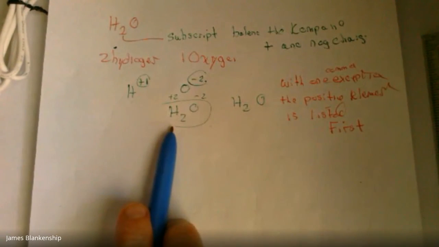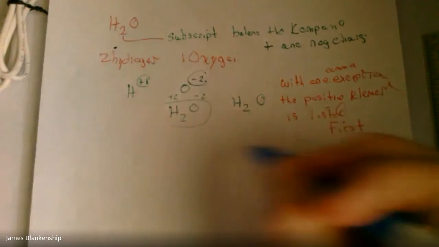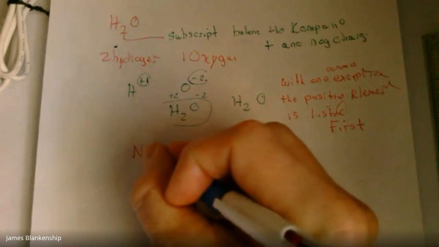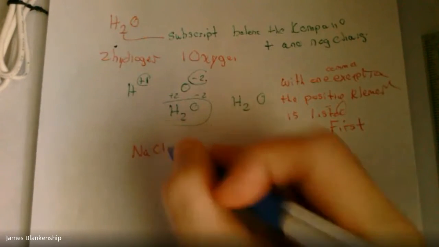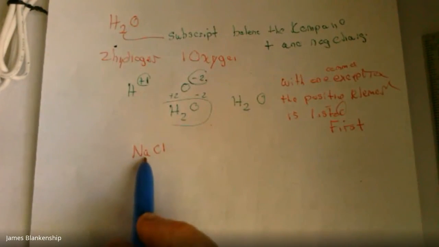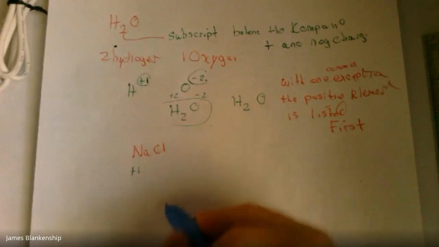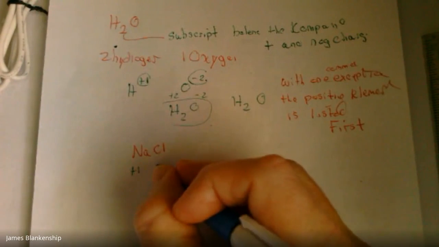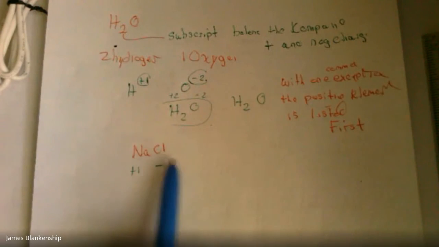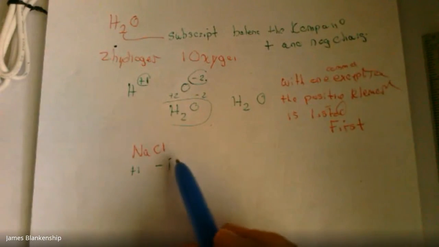Now let's look at another one. We could have NaCl. We have NaCl because if you look at sodium, it is in the +1 column. You look at chlorine, it is in the -1 column. So you're done. There's nothing more that needs to be done.